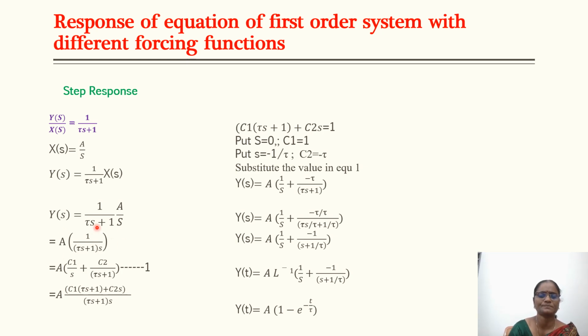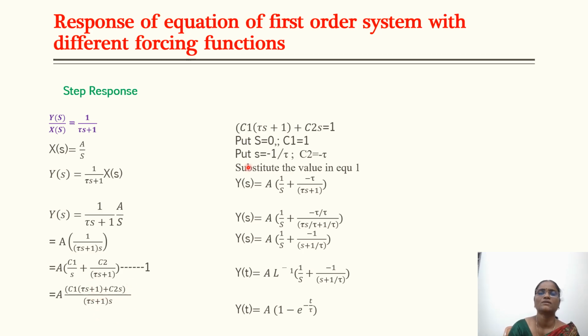Look at the problem here. A into 1 upon tau s plus 1 into s in the denominator. The power of s is 2, so the roots of s are different. Introduce two constants c1 and c2 in the numerator, and you can write it like this. Now take the LCM: c1 into tau s plus 1, plus c2 s.